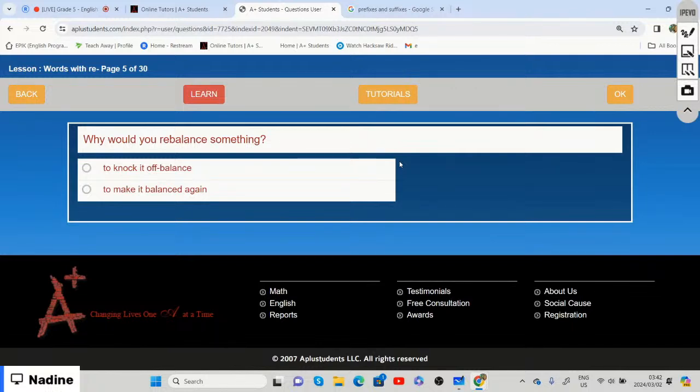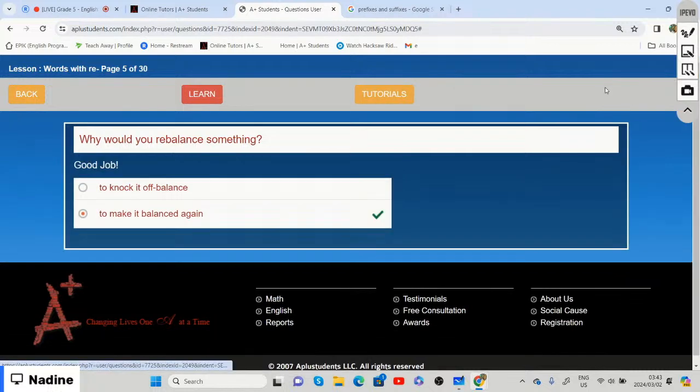So we would rebalance something, almost like balance it again, and that is to make it balanced again.